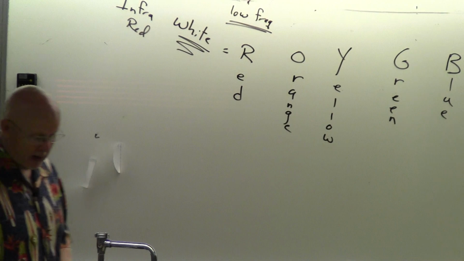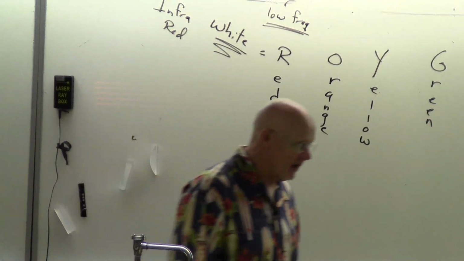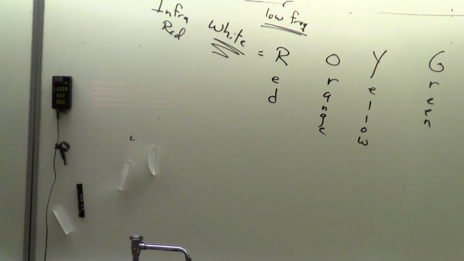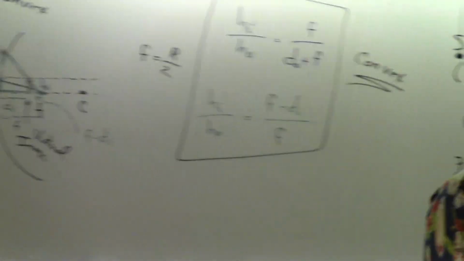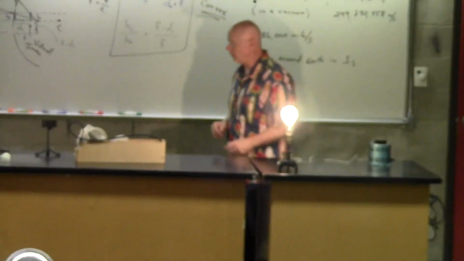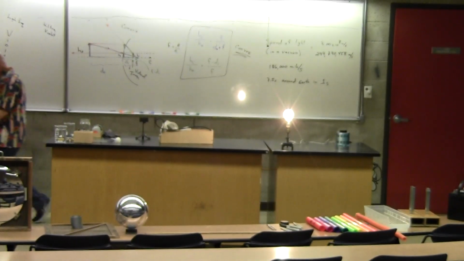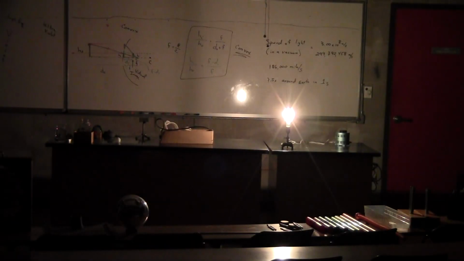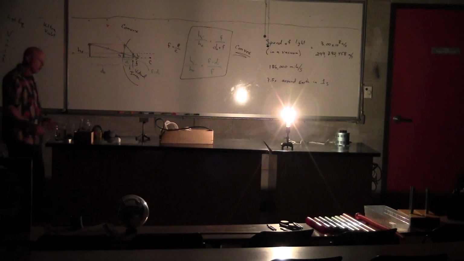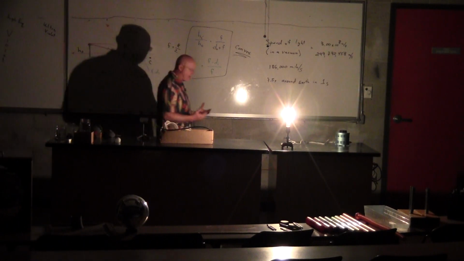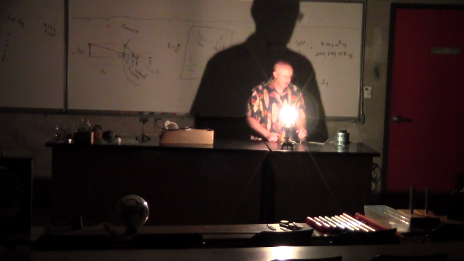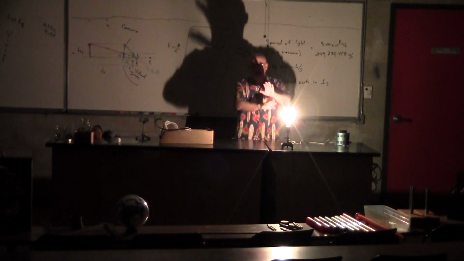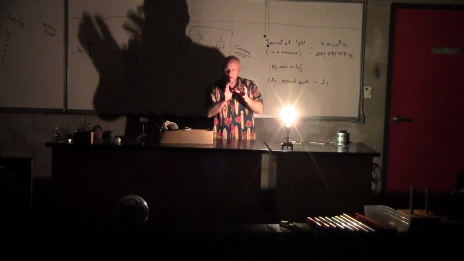And so I thought I would finish the chapter here and say, well, why don't I turn on a standard incandescent light bulb? And so there it is, white. I'll turn off the rest of the lights in the room. And we would call this white because what's coming from it are all the colors. But Ron has a little machine that he can put in front of your camera lens there.